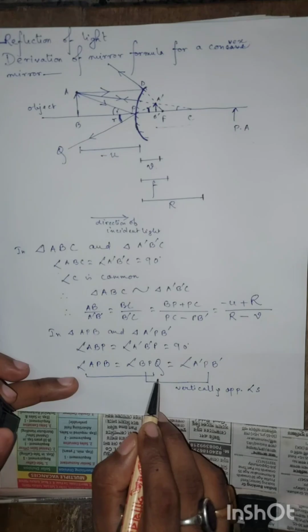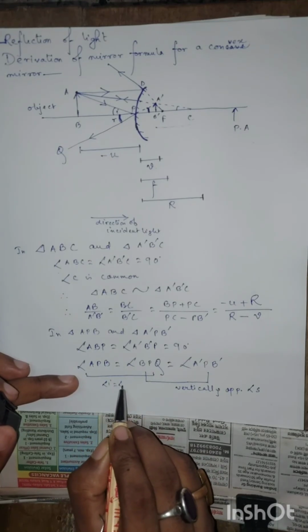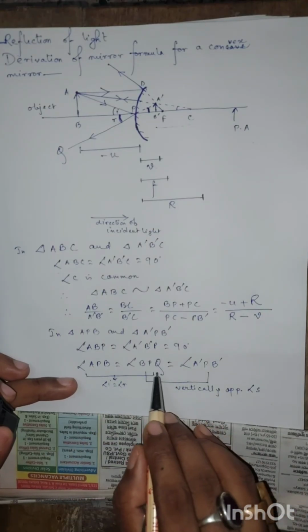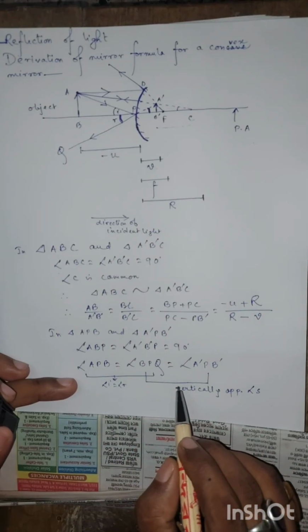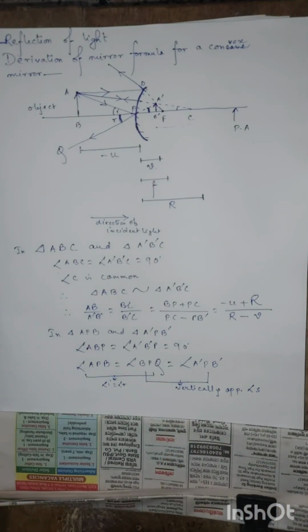So the first set of angles are equal because the angle of incidence equals the angle of reflection, and the second and third angles are equal because they are vertically opposite angles.